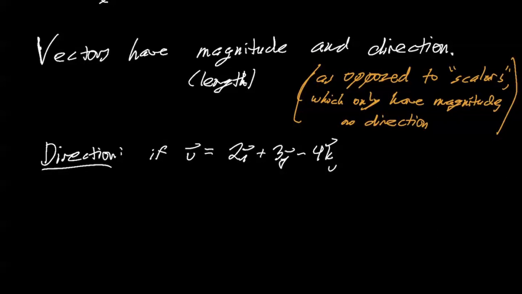That's kind of what I would say, right? It sounds silly and almost self-referential, but that's the point: these 3 numbers do describe a unique direction in space. So it's in the direction given by its components.